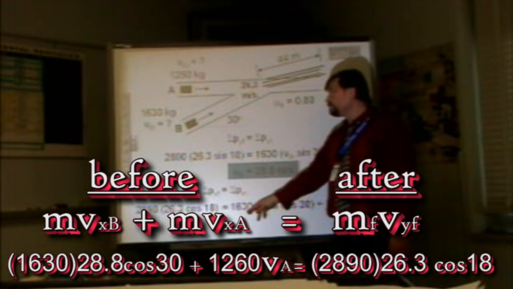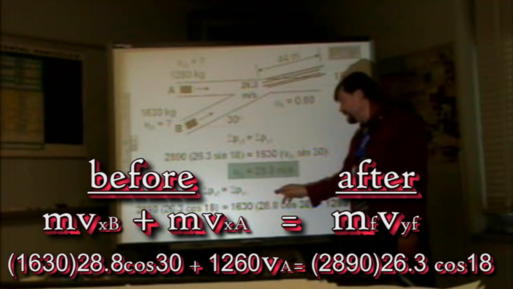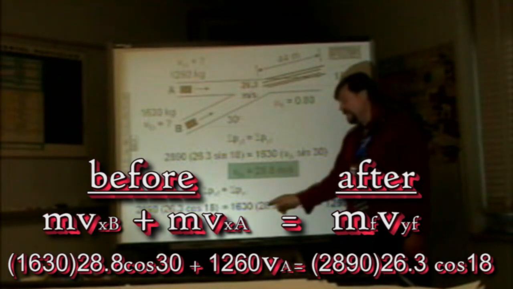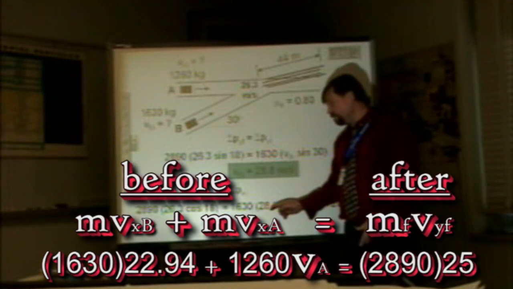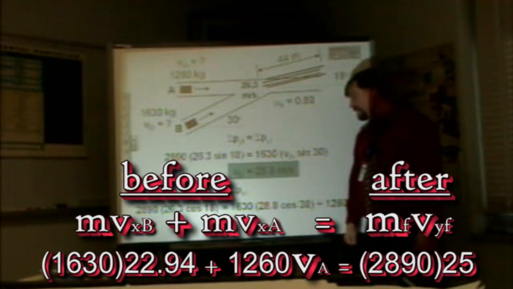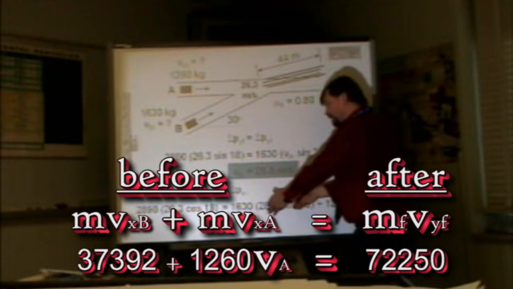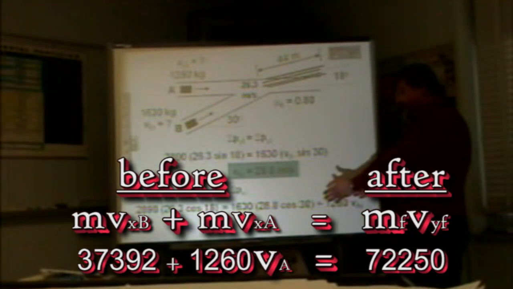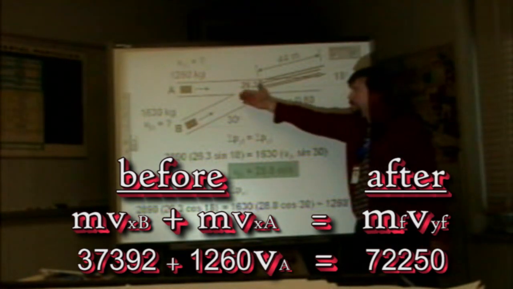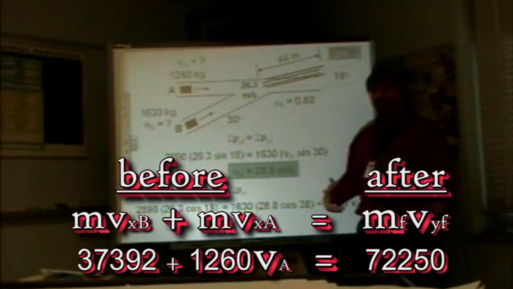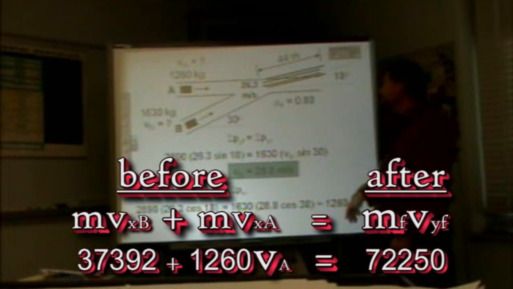So we have a velocity for car B, and the cosine of 30 degrees of that velocity gives us the x component of car B, times the mass of car B, which is the x momentum of car B, plus the x momentum of car A, which happens to be traveling in the x direction, so it is 100% of its x momentum.